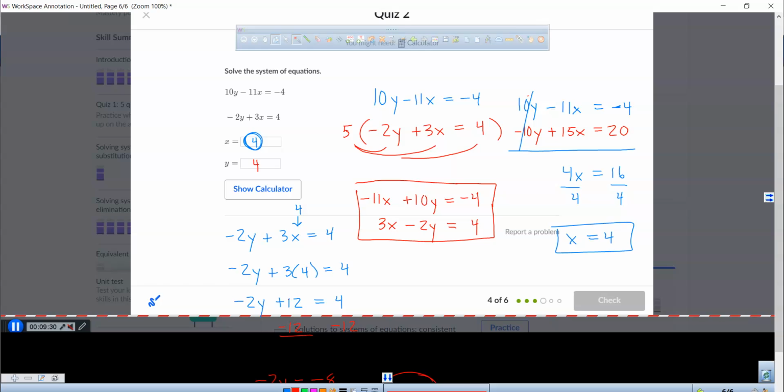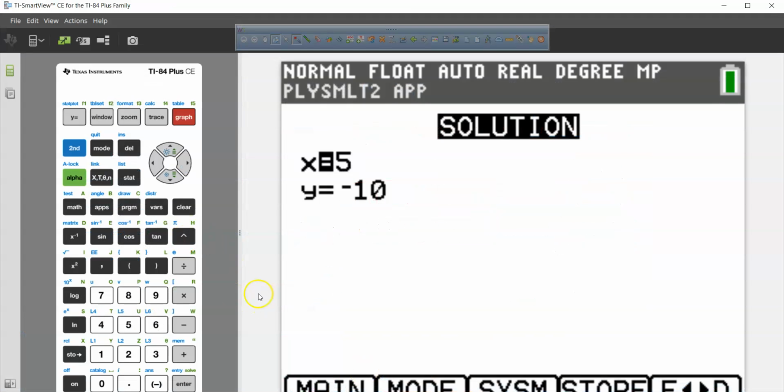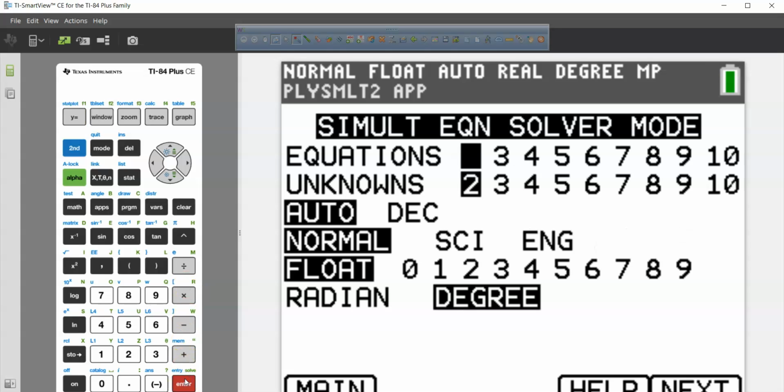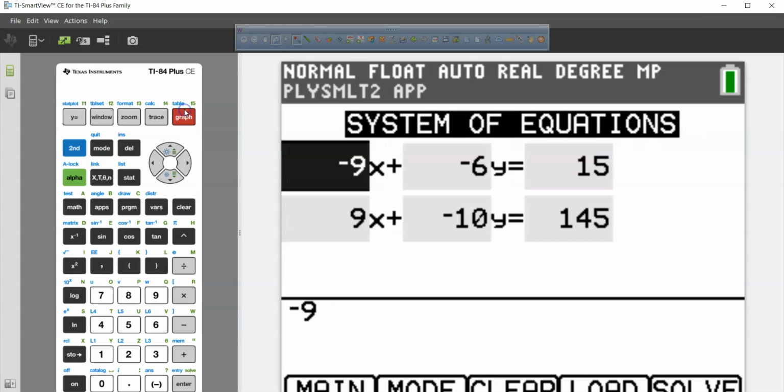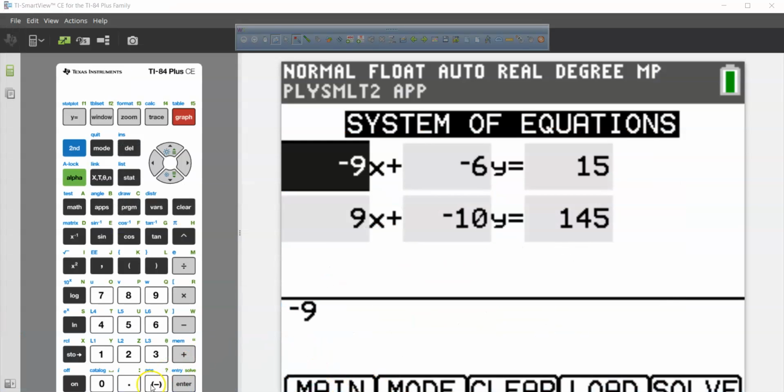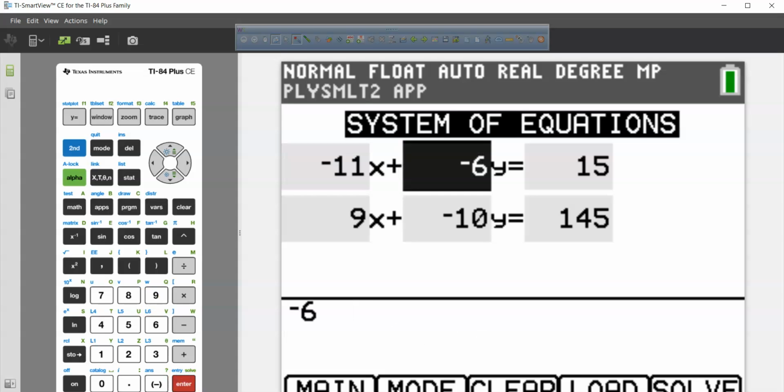Okay, so I'm going to go over to my equation solver. All right, let's go to the main menu, hit number 2. We still have 2 unknowns, so I'm going to hit next. So right now, instead of negative 9, what am I going to put? What does it say? Negative 11? So I'm going to put negative, nope, not positive 11. Negative 11. All right.